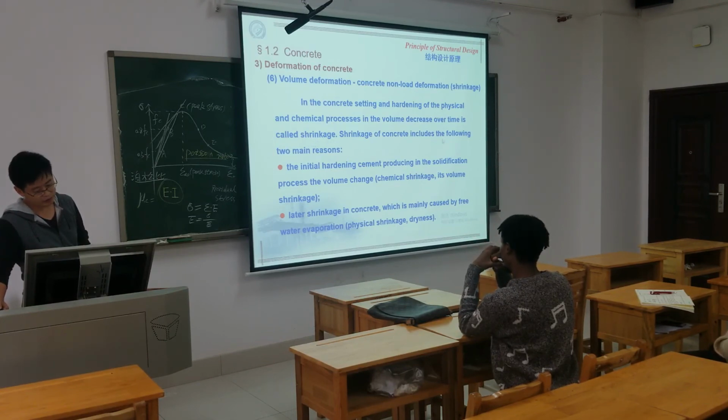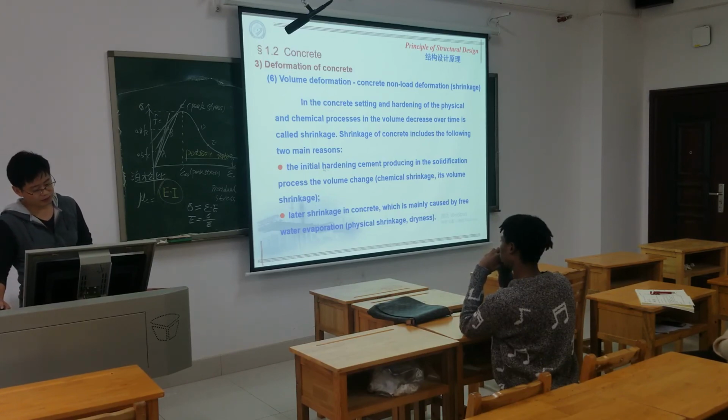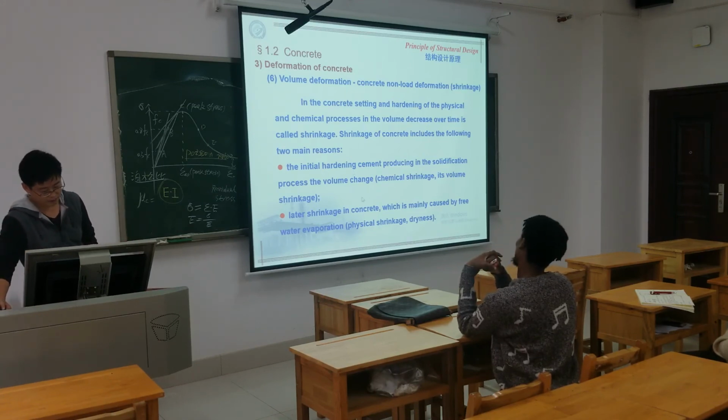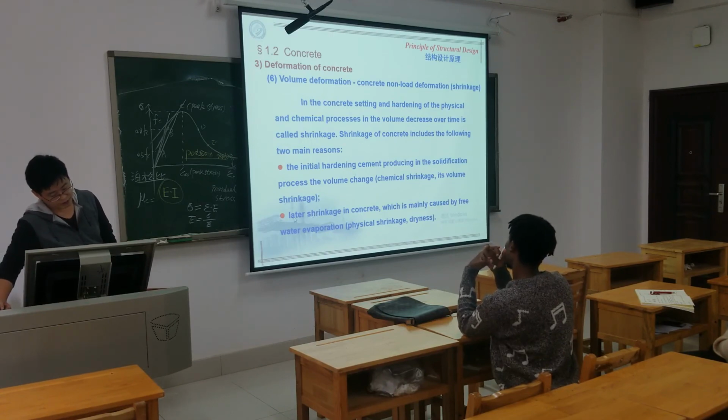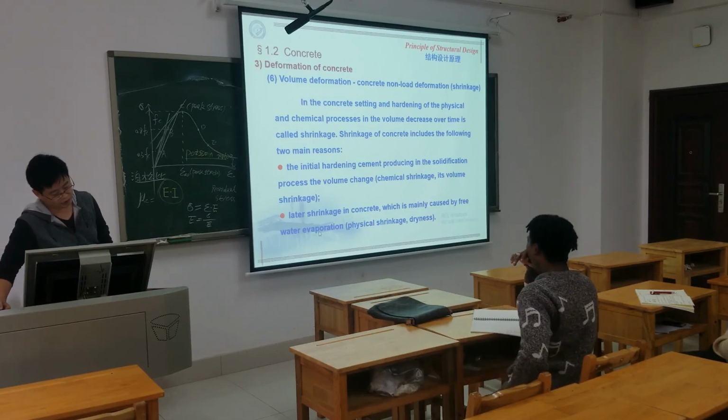Shrinkage of concrete includes the following two main reasons. The first is the volume change of the cement produced in the initial hardening and solidification process. Chemical shrinkage is volume shrinkage, because the hardening process is actually a process of chemical change. The next is the drying shrinkage in concrete, which is mainly caused by the loss of free water.